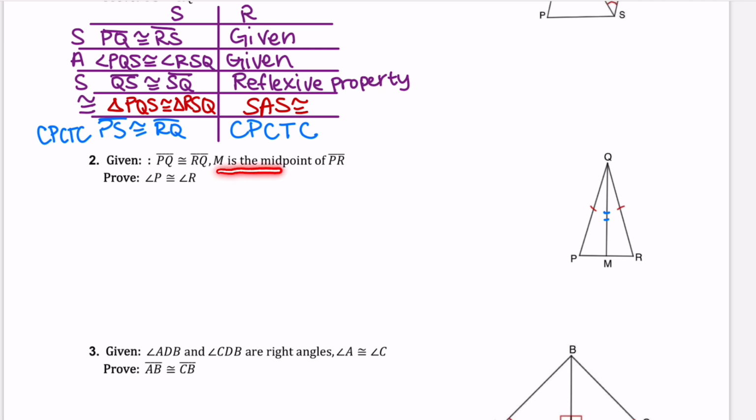Now M is the midpoint of PR. M is right in the middle, which means that it's cut in half. So these two sides are equal here. So we have three sides of each triangle that are congruent to three sides of the other triangle. So this would be side, side, side congruency.